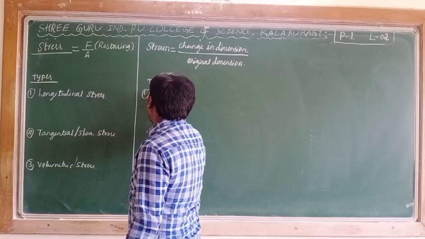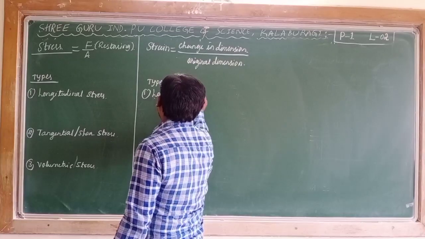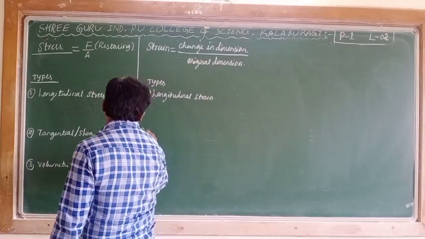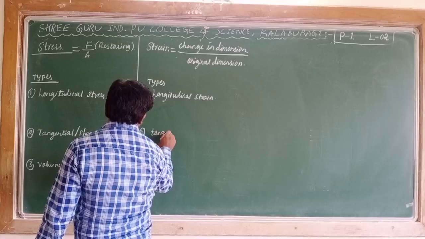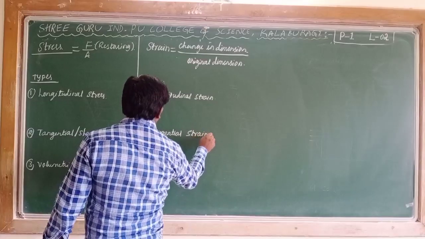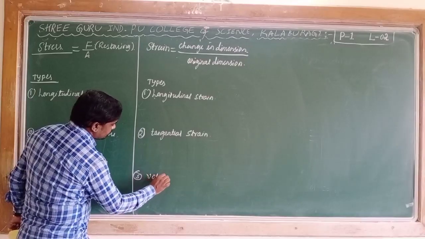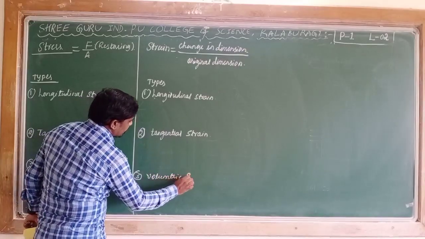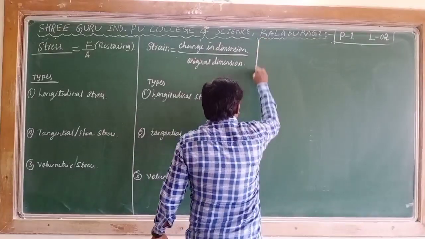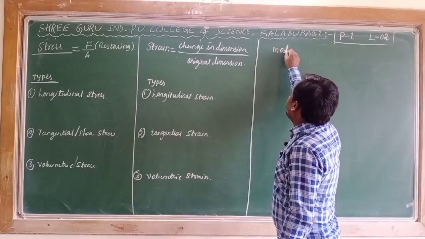The first one is longitudinal strain, the second one is tangential or shearing strain, and the third one is volumetric strain or volume strain.